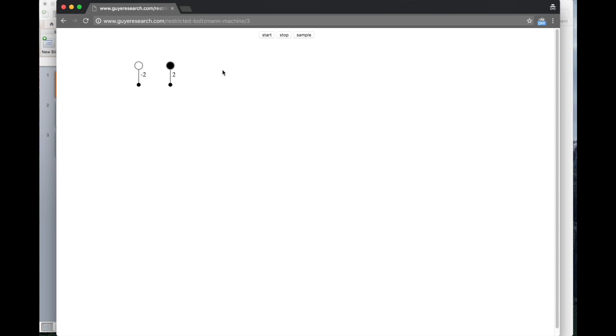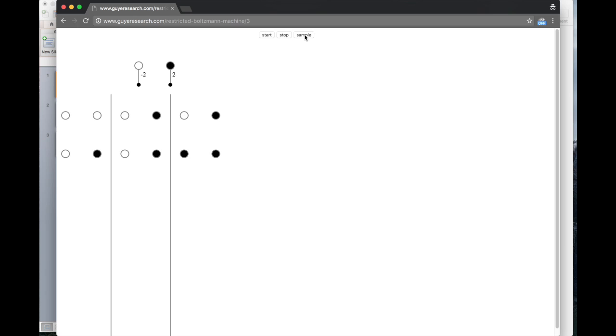If we start this system, we can see that as time proceeds, this neuron is mostly on and this neuron is mostly off. If we do some sampling, you can see the system is stochastic, so you can still see all the 4 different configurations, but mostly the second neuron tends to be on and the first neuron tends to be off.